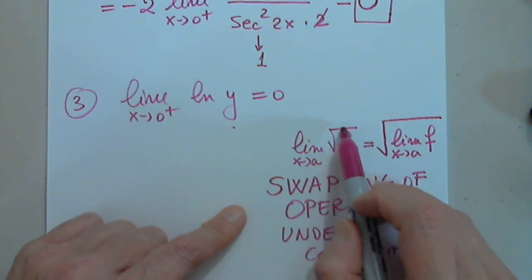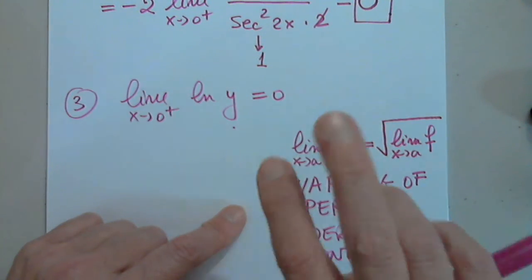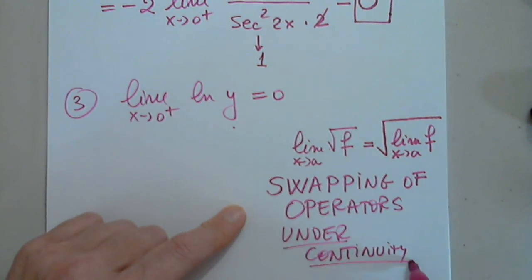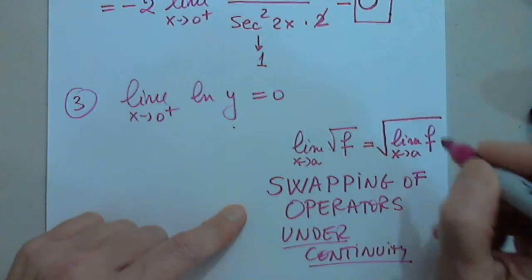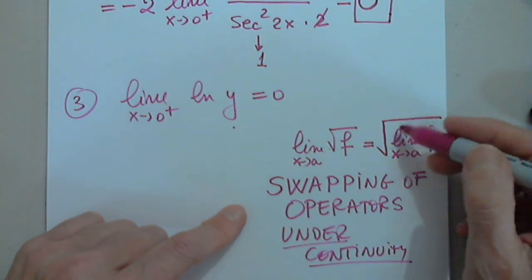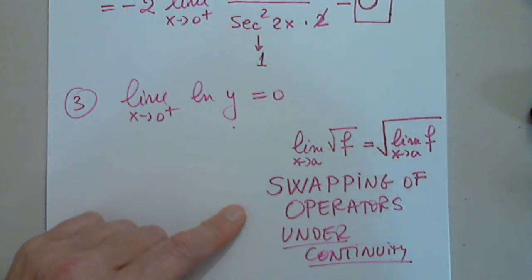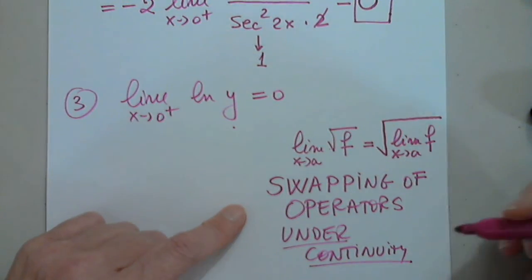First, I have to apply the square root and then the limit. But I'm allowed under continuity to swap the operators and say, I'm going to apply the limit to f and then take the square root under conditions, and the square root, whatever I get, is not a negative number, etc., and the function is continuous.